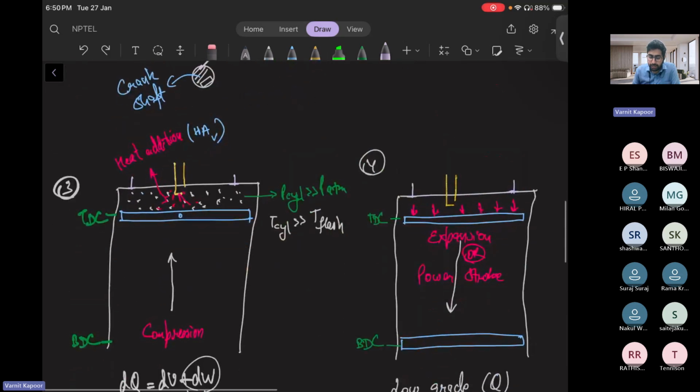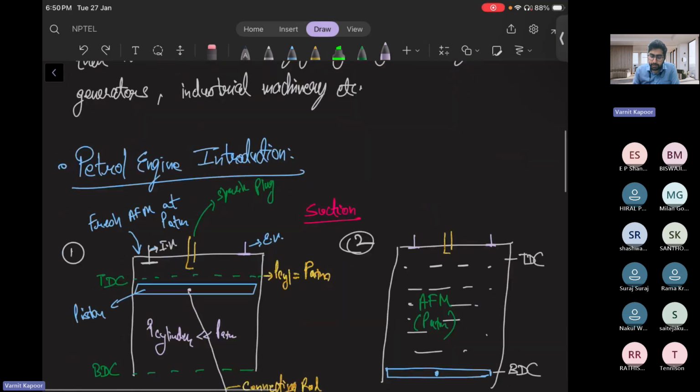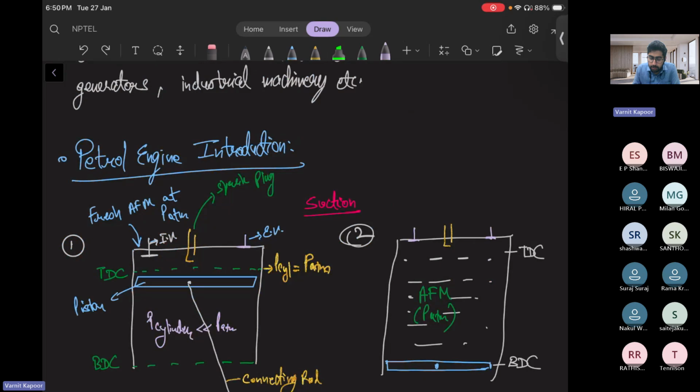Exactly why we maintain the top dead center a bit lower than the head of the cylinder: first, if your piston went all the way up, it would hit the spark plug. You don't want that. The spark plug is just inside the cylinder.